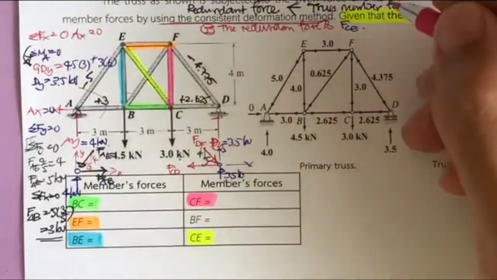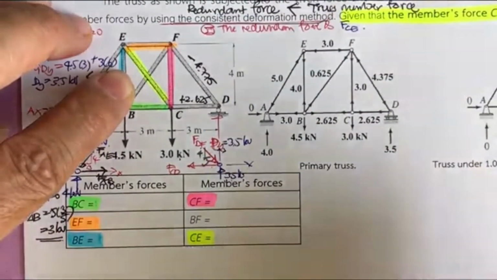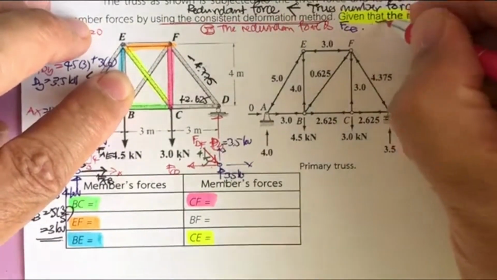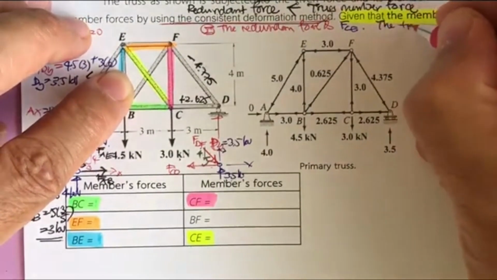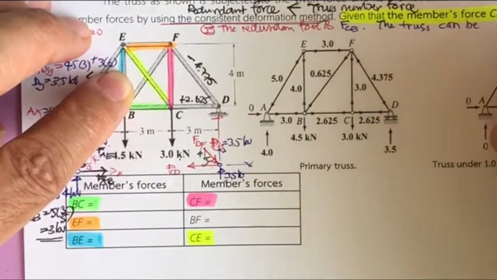Since the redundant force is CE, the truss can be separated into two cases as shown.